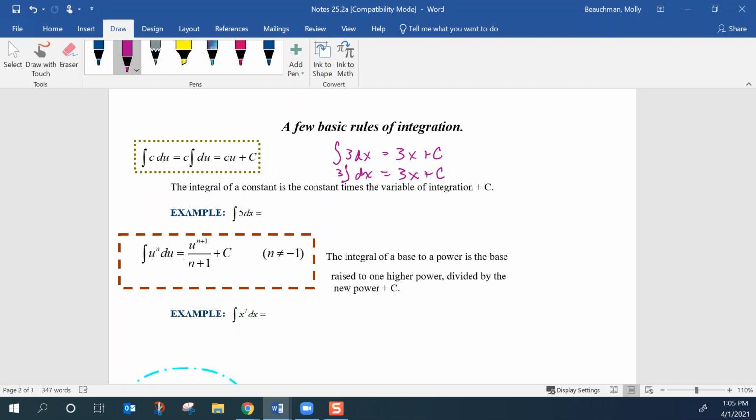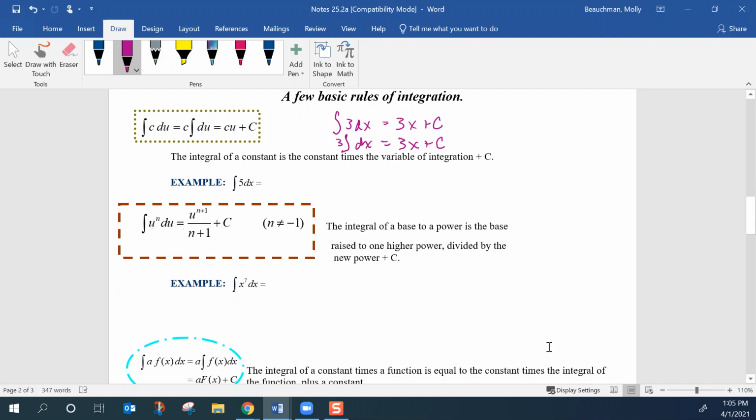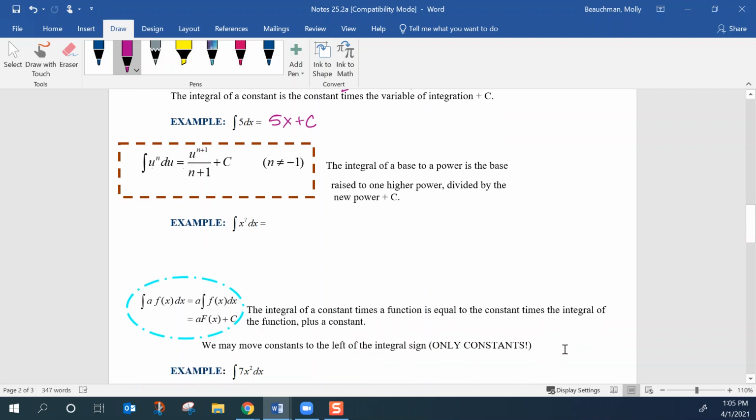So we're applying the power rule to a constant. So the integral of 5 dx, this is why we need to know what the integration variable is. The integral of 5 dx is 5x plus c. So if you have powers greater than 1, that power rule, integral of u to the power of n du equals u to the power n plus 1 divided by n plus 1 plus a constant.